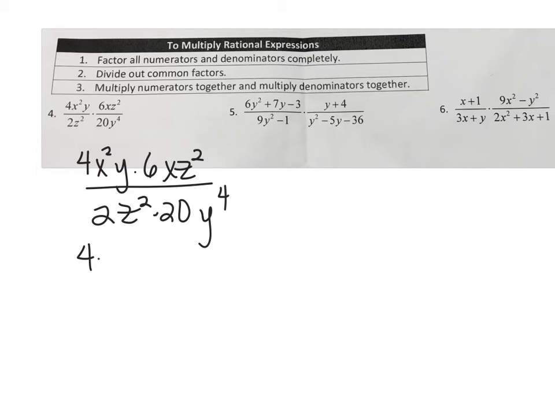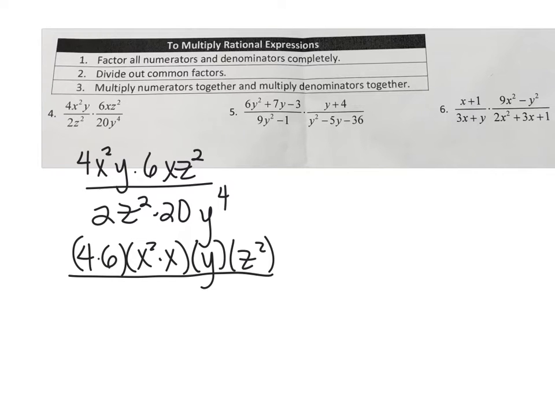So 4 and 6, these are our numbers on the top. X squared times x, those are variables on the top. Y is by itself and z squared is by itself. On the bottom, we have 2 and 20. We put together our numbers, our variables, no x's, but we do have z squared, and we have y to the 4th.